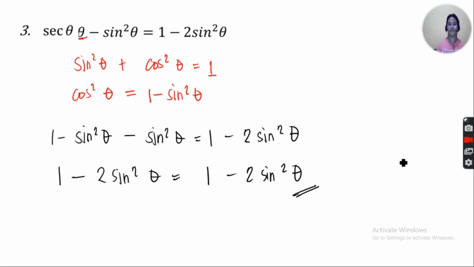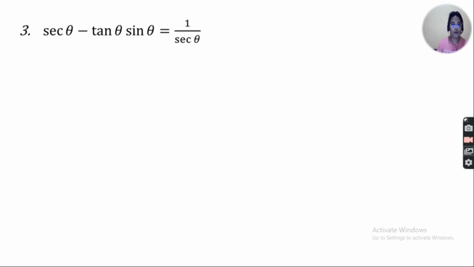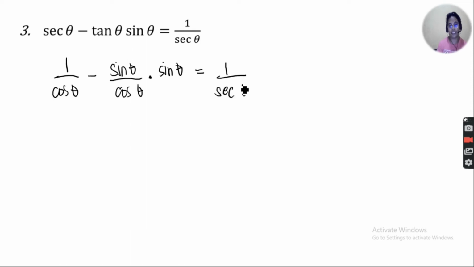So, ito na po. 3. So, ang secant theta is equal to 1 over cosine theta minus tangent theta is equal to sine theta over cosine theta multiplied by sine theta is equal to 1 over secant theta po.